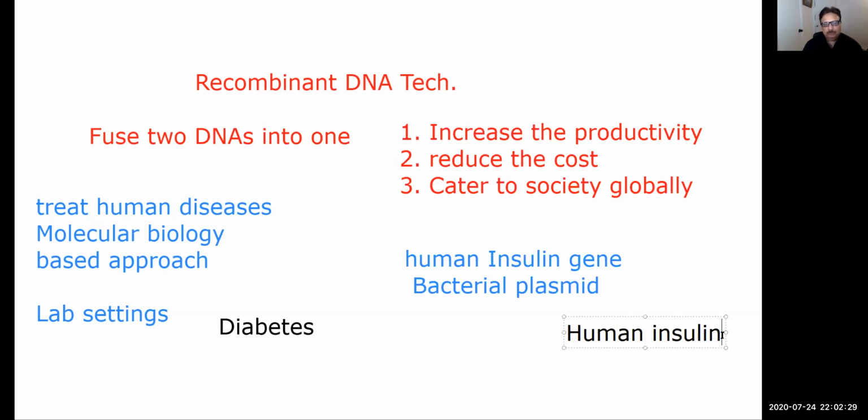And so we fuse two DNAs. Since we are producing insulin, you need the human insulin gene from the human chromosome, and then you need a bacterial plasmid. Now the question comes, why bacterial plasmid? So what is a plasmid?